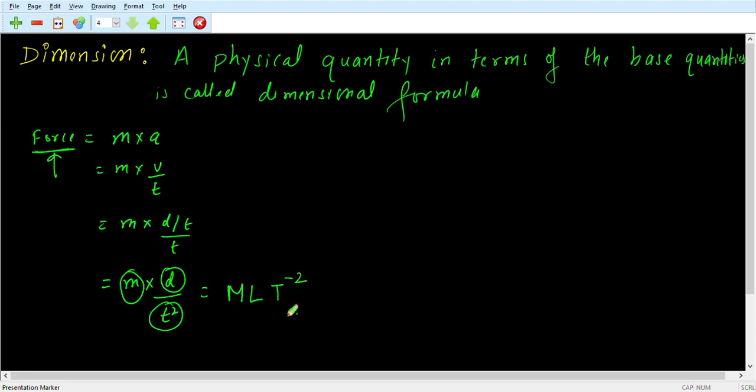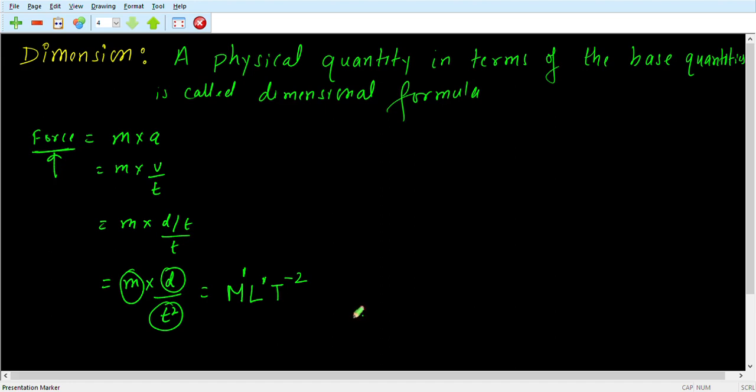Now we can read it as the dimensions of force are 1 in mass, 1 in length, minus 2 in time. One important point we should note is that the dimensions in all other base quantities are 0. If you are talking about force, then the dimension of M is 1, L is 1, and T is minus 2. But for all other base quantities like temperature, electric current, amount of substance, luminous intensity, it will be 0.